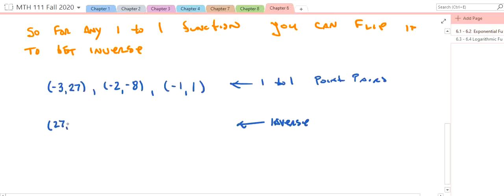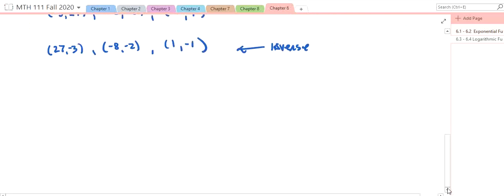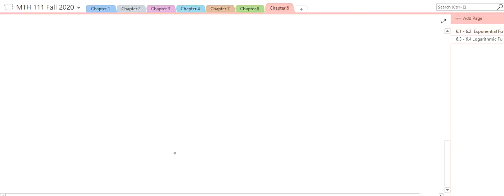So this is 27, -3, this is -8, -2, and this is 1, -1. Okay, so what's good for point pairs is good for whole equations, specifically functions.